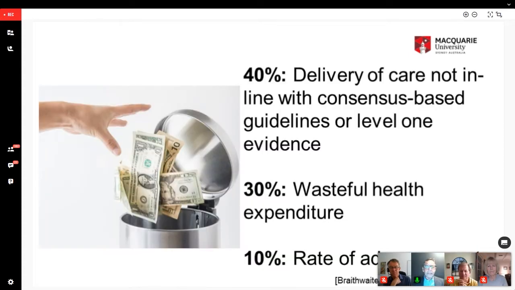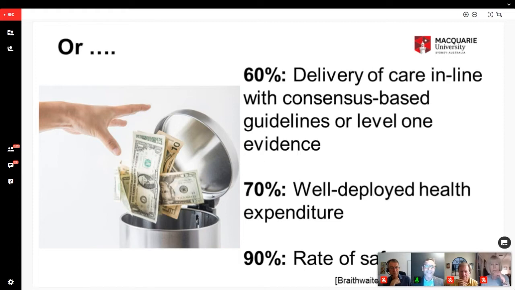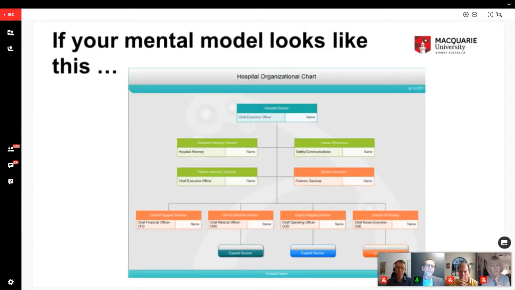So just briefly, if you think about it, you can say this. You could say 40% of care is in line with guidelines or level 1 evidence. You could say 30% of care is wasteful. You could say 10% is the rate of adverse events. Or you can flip that and say 60% of care is in line with guidelines and level 1 evidence, 70% is well-deployed health expenditure, and 90% is the rate of safe care. So these are the two different perspectives in resilience engineering in Safety 1 and Safety 2.